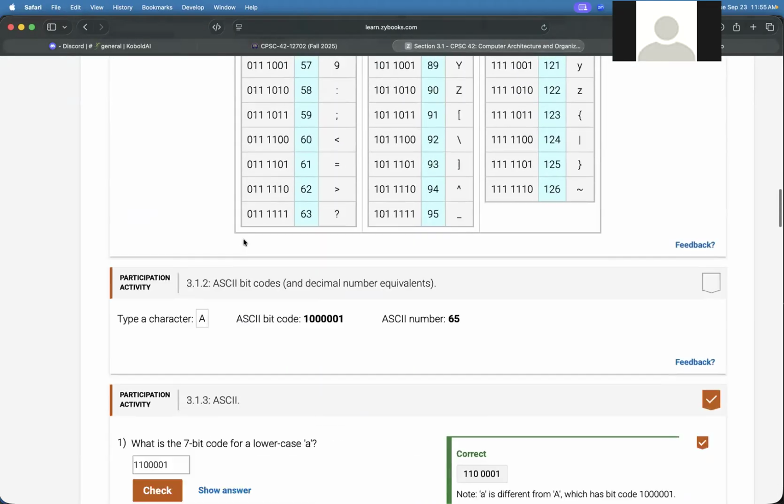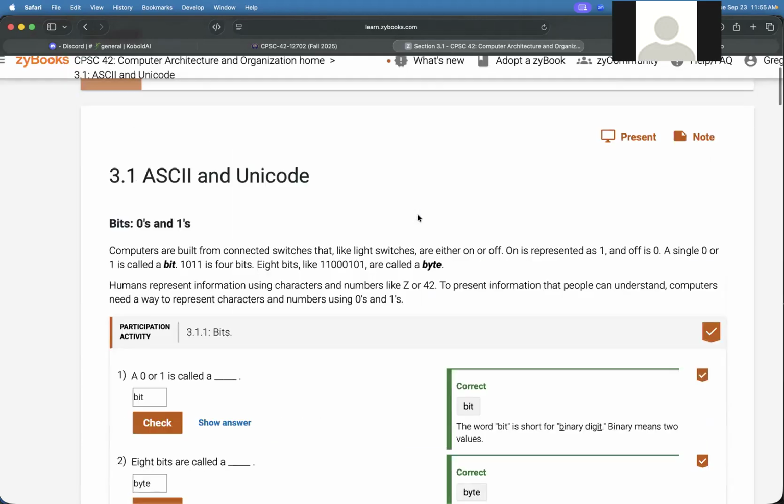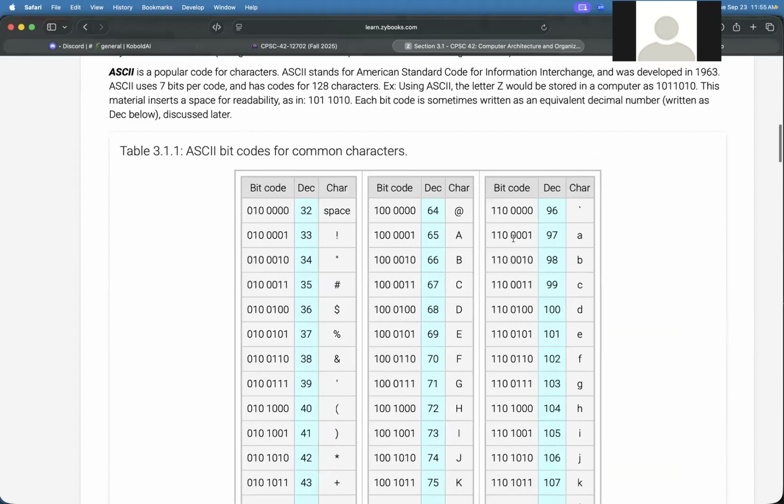I pasted it there. What's this? Now we've got to look it up. 1100010. I think that's this.